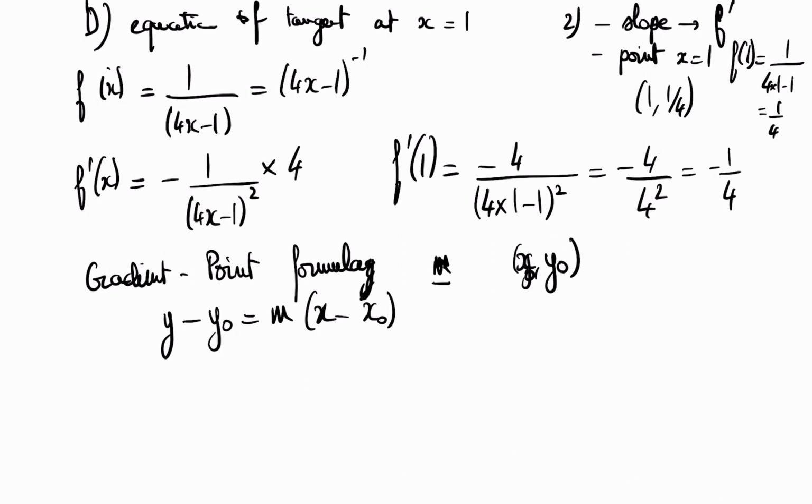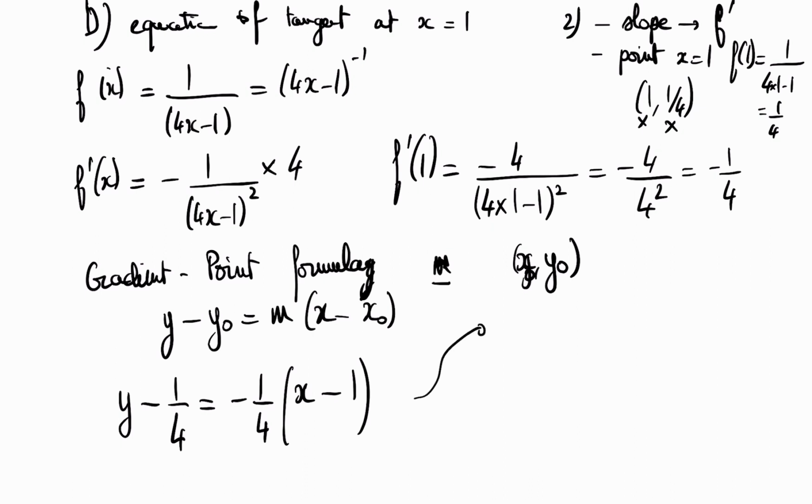So that means that the equation is y minus y0, which is 1/4, equal to m, minus 1/4, times (x minus x0), which is 1. Okay, we can simplify that or reorganize that. So that means that y equals minus 1/4 of x plus 1/4 plus 1/4.